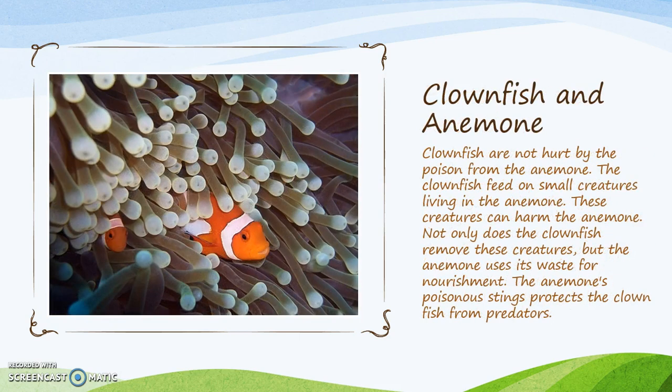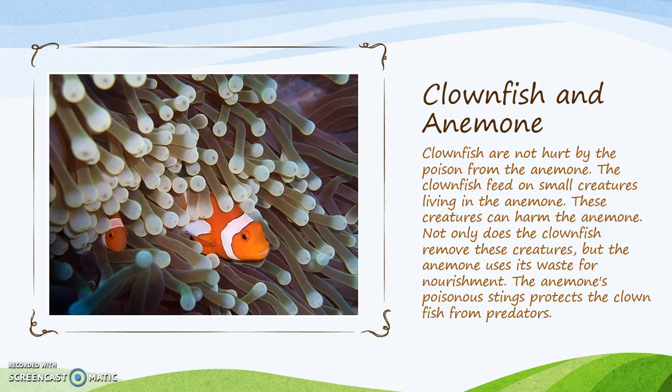Bet you some of you guys have seen Finding Nemo, and this is a picture of a clownfish and a sea anemone. And if you guys remember from the movie, or if you haven't seen the movie, clownfish live inside of this sea creature. For other fish, the little arms of the sea anemone will sting you.